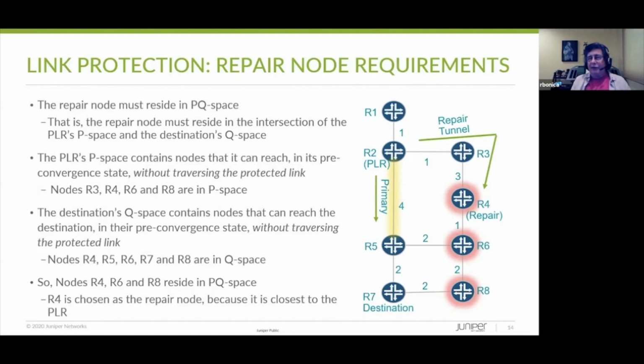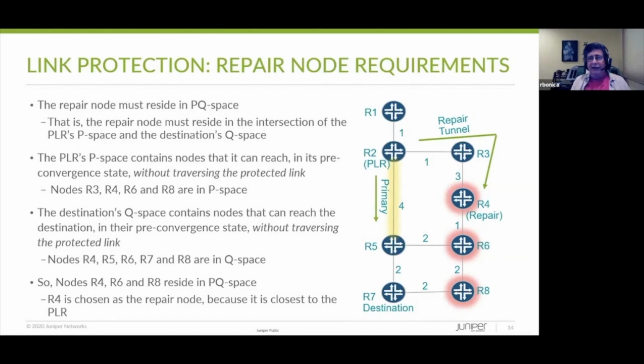So we're going to define two things. The PLR is going to have a set of routers in the P space. The destination is going to have a set of routers in the Q space. And any node that is in both sets is in the PQ space. Now, what is in the PLR's P space? The PLR's P space contains nodes that it can reach in its pre-convergence state without traversing the protected link.